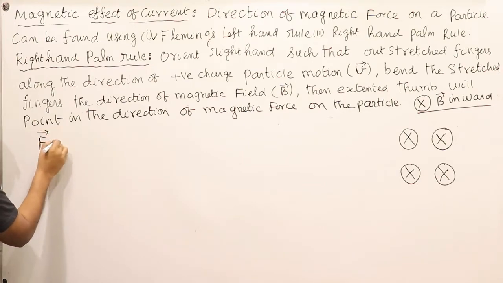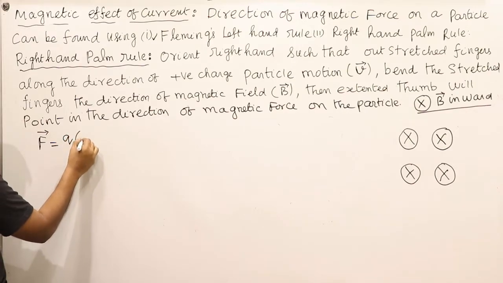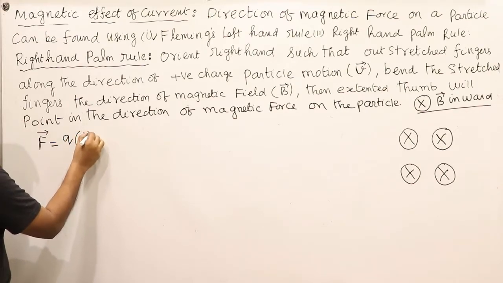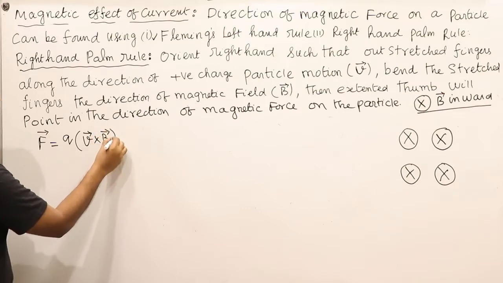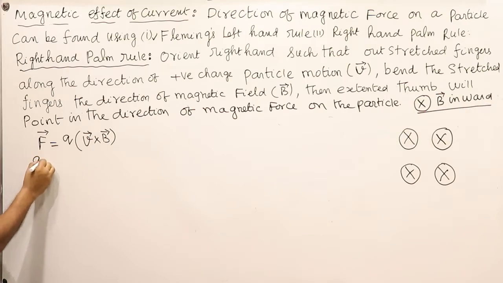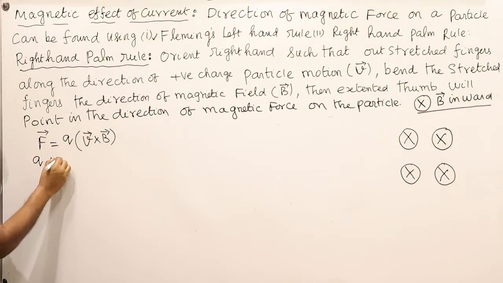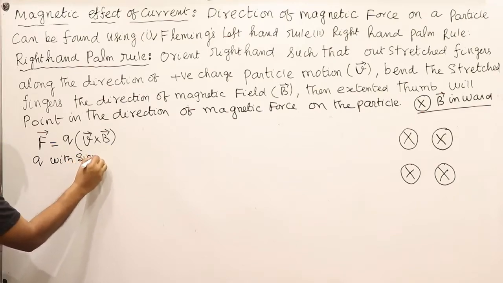The Lorentz force when a particle is moving in a magnetic field is given by charge into its velocity into the magnetic field, where Q is the charge of the particle, but here Q should be with sign. This is a point to be noted.